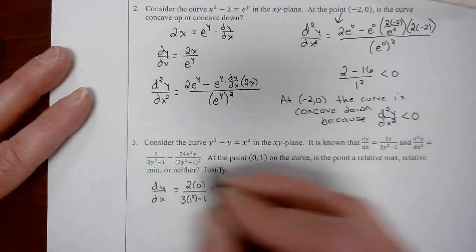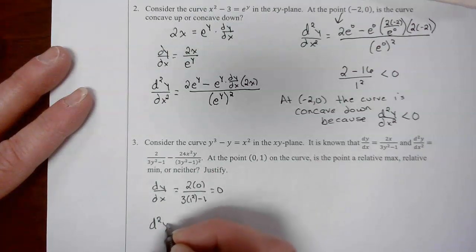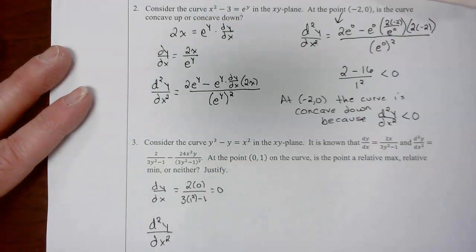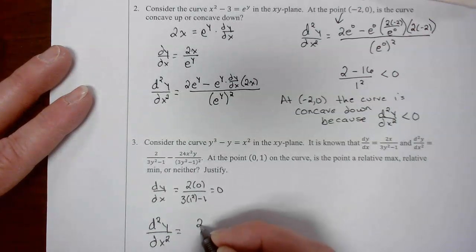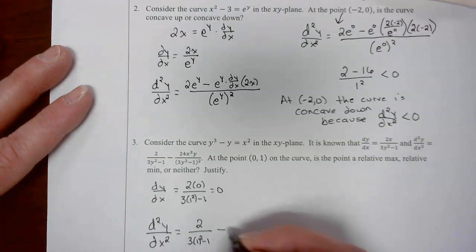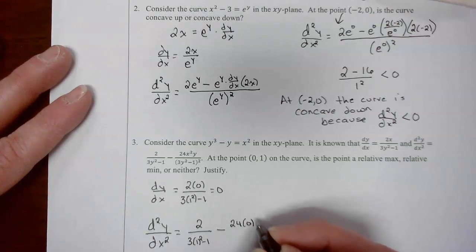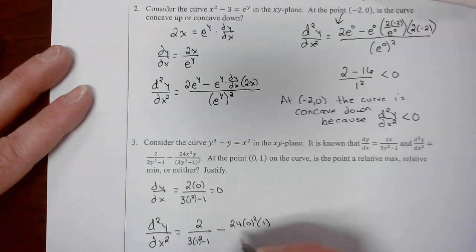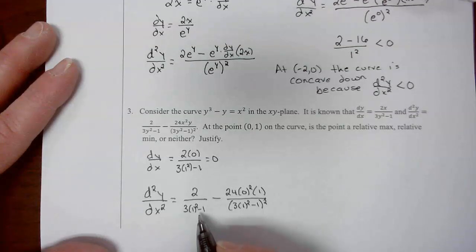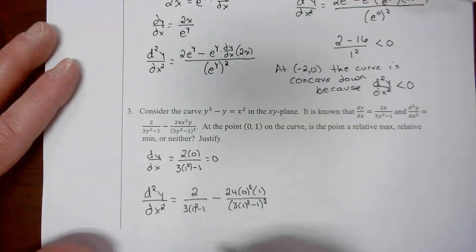Now, since they've given me my second derivative, which was very nice of them, I can plug that point into there and see if I'm positive or negative, if I'm concave up or concave down. All right, so the first one, that'd be 2 over 3 minus 1, 2 over 2, that'd be a 1.